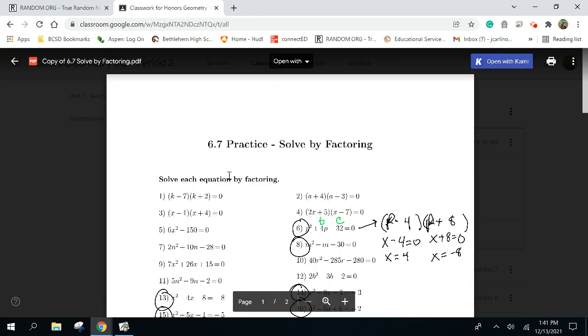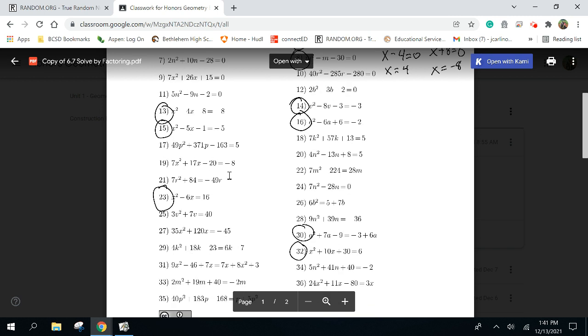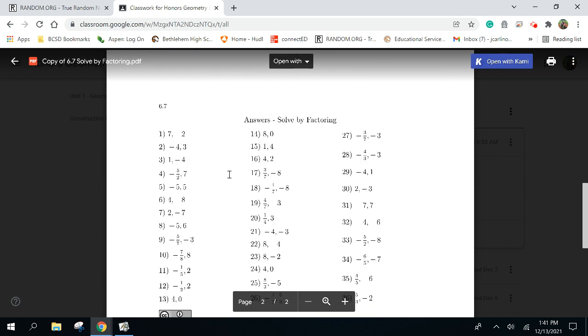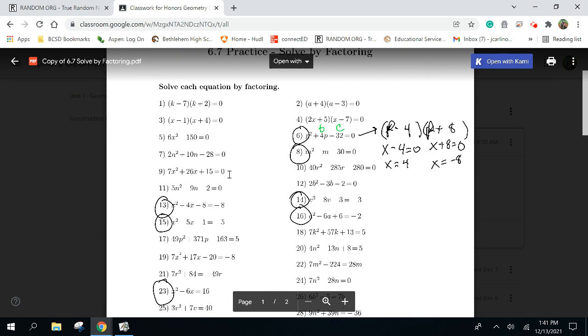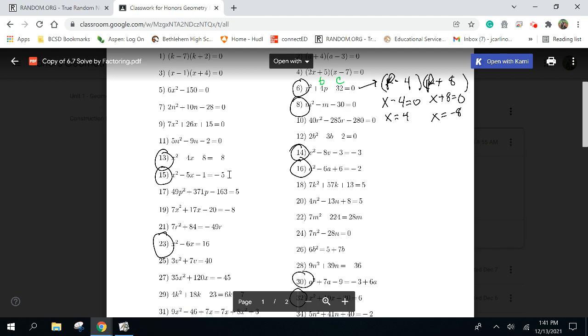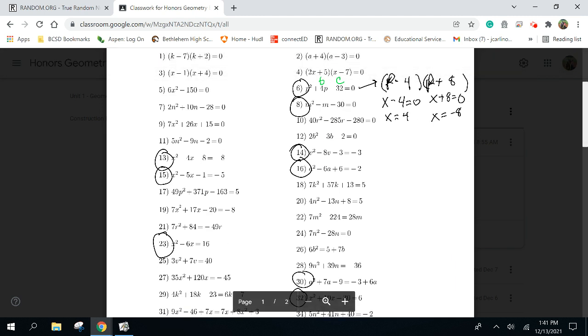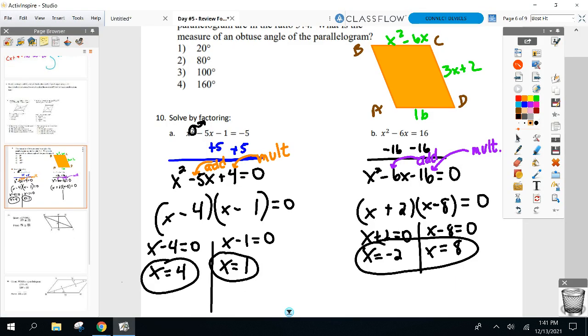All the circled ones tonight. The answers are right here. If you want extra practice at solving by factoring, it's your call to study it. Questions on those two? I just want to make sure you're prepared for everything.